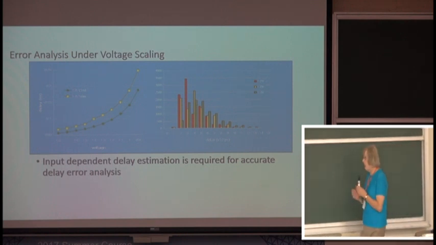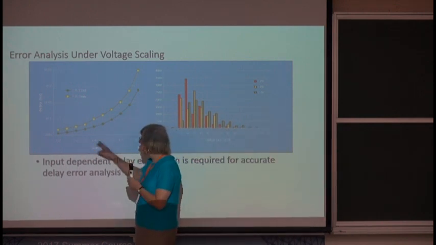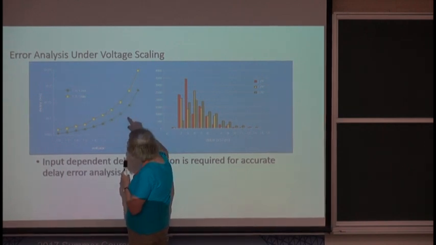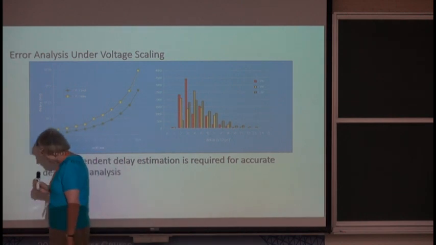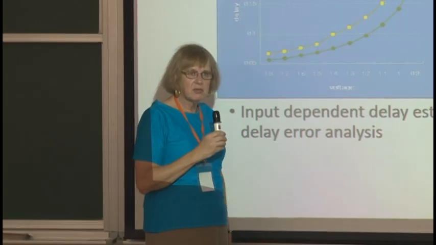Okay, so this plot shows you voltage from high to low, this is delay, this is the carry out, and this is the overall sum. So you can see that the carry out and the sum increase super linearly as the power supply voltage goes down.